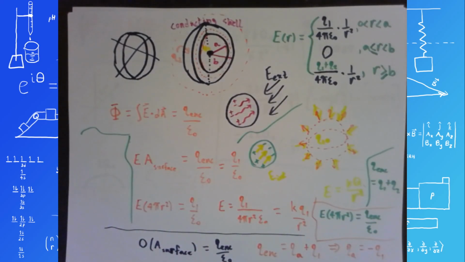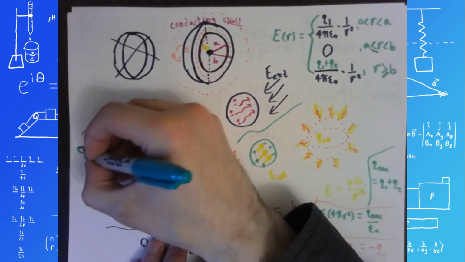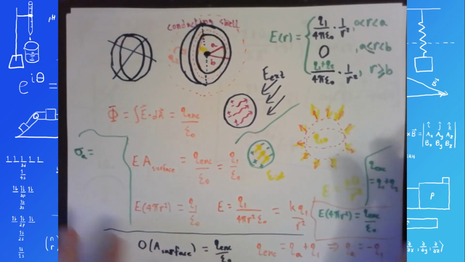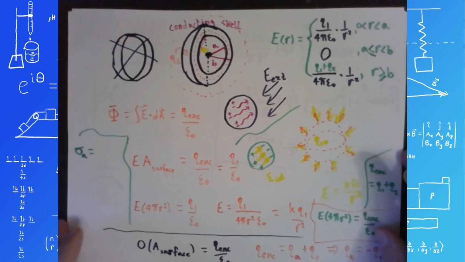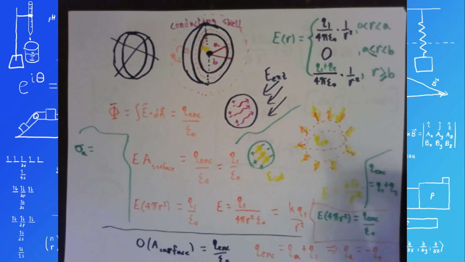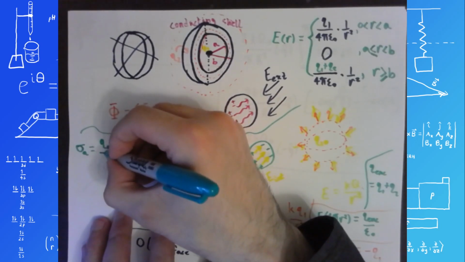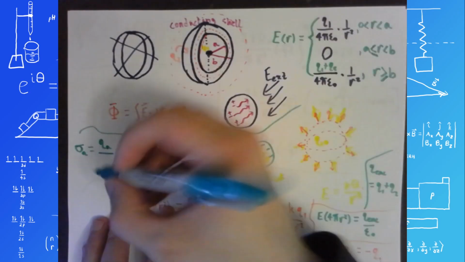Sigma A is going to be, well, on a conducting surface, as long as you don't have any sort of weird asymmetries, the surface charge density is going to be uniform. So it's just going to be the total charge QA on the inner surface divided by the total area.